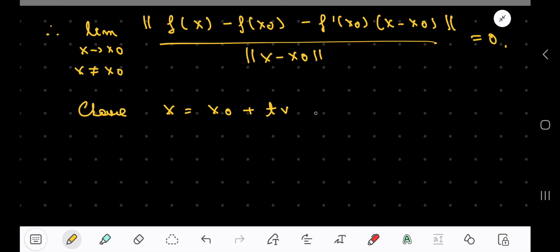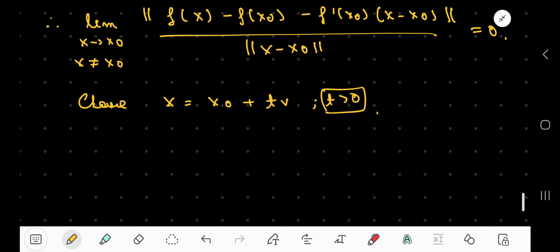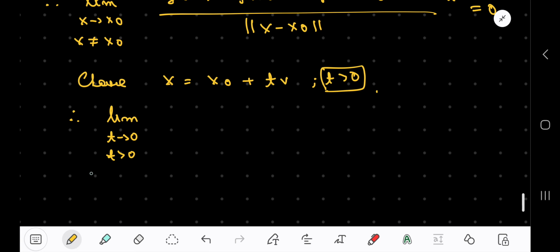Here t is necessarily a positive scalar, because we are having a positive direction, that's why I am choosing t to be positive, right? If I choose t to be negative, then it will be backwards from x naught, which is not something we want. Therefore, once x tends to x naught, t tends to 0, that's quite obvious here, right? Then limit t tends to 0 with t greater than 0, and x is coming from E, so this x naught plus tv is in E, right?